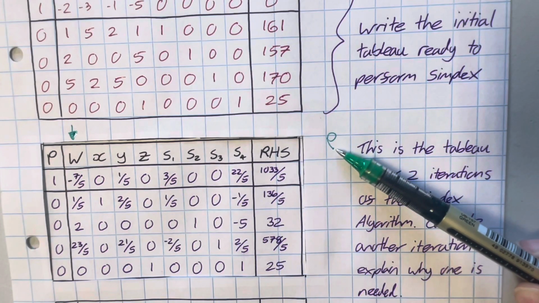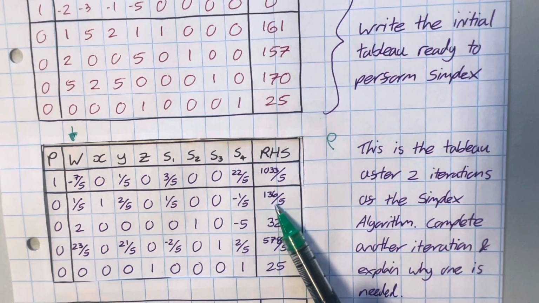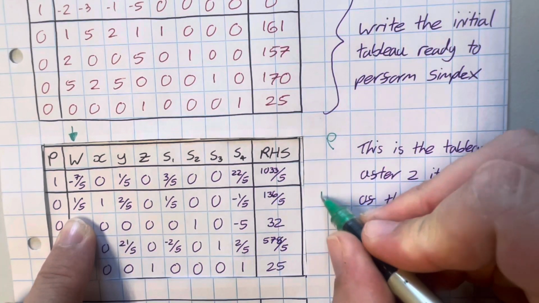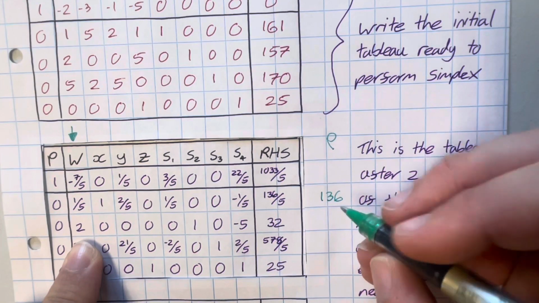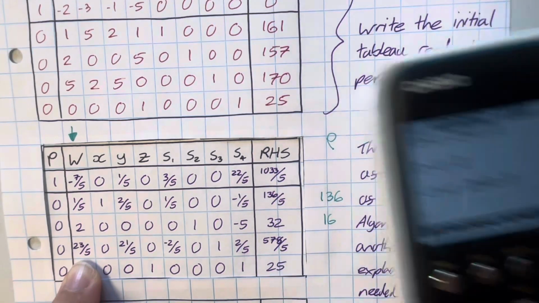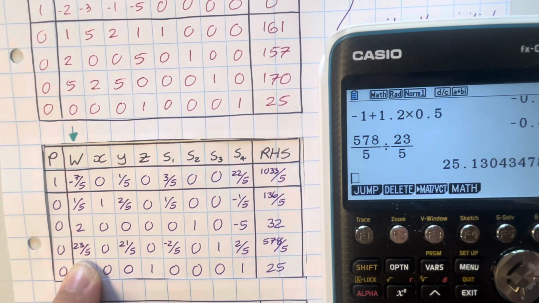The ratio test is carried out on all the constraint rows, not on the objective row, and it is the right-hand side divided by the value in the pivot column. So we have 136 fifths divided by a fifth, which is just 136. 32 divided by 2 is 16. 578 fifths divided by 23 fifths, which I cannot do in my head, is 25.1.